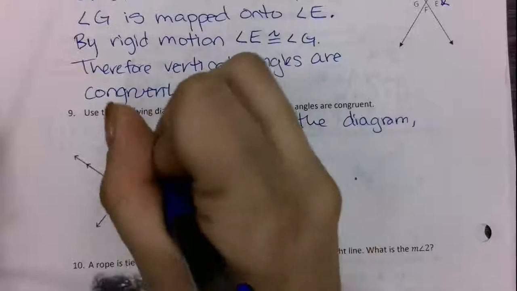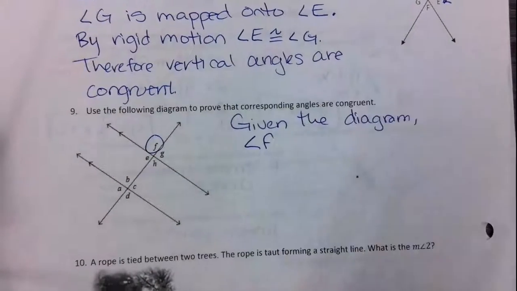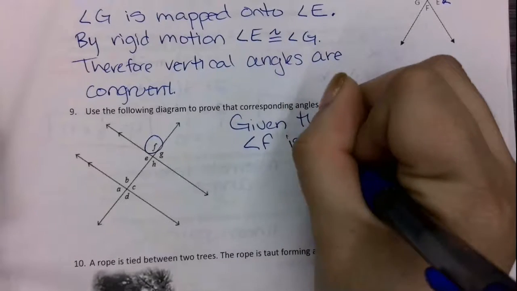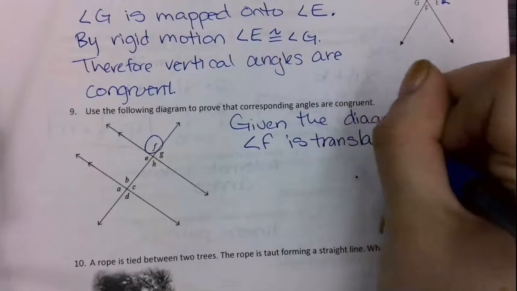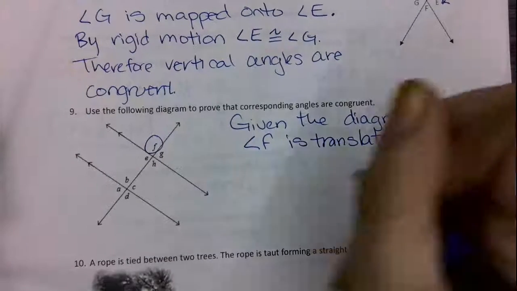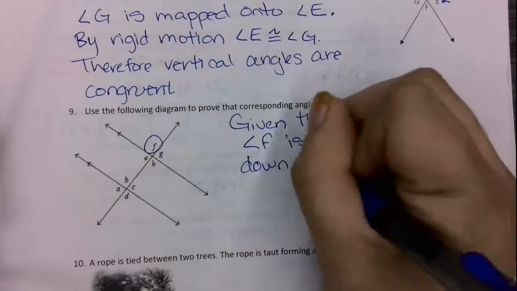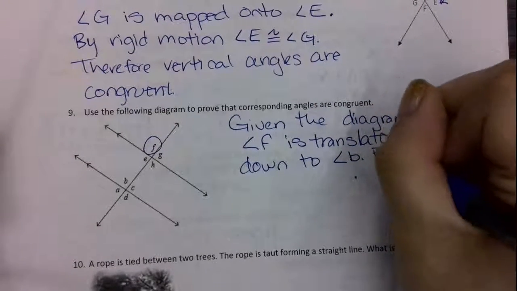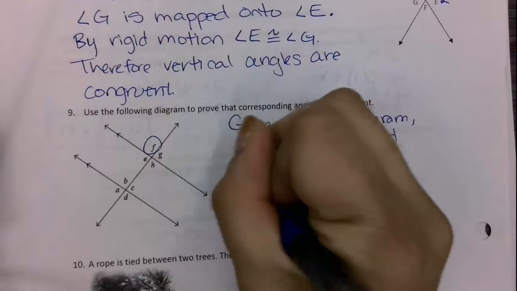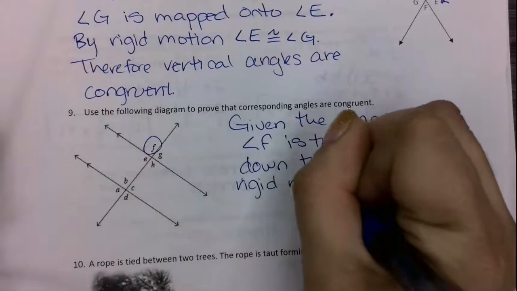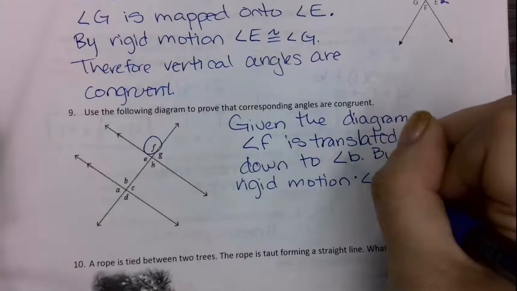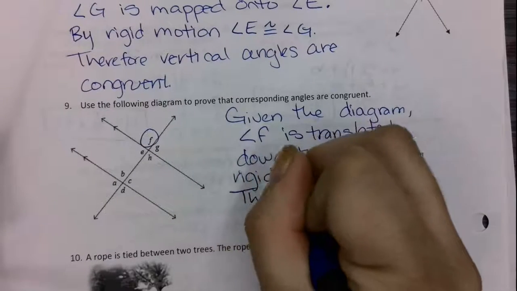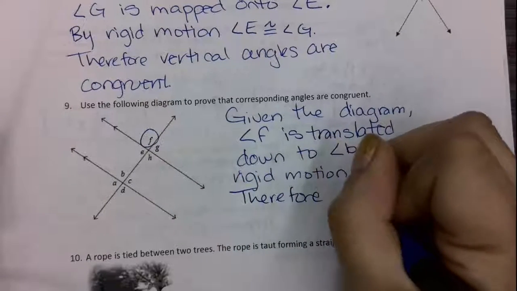So I'm going to start with angle F. Angle F is translated. So that's the one where we move it left and right. Down to angle B. By rigid motion. Angle B is congruent to angle F. Therefore, corresponding angles are congruent.